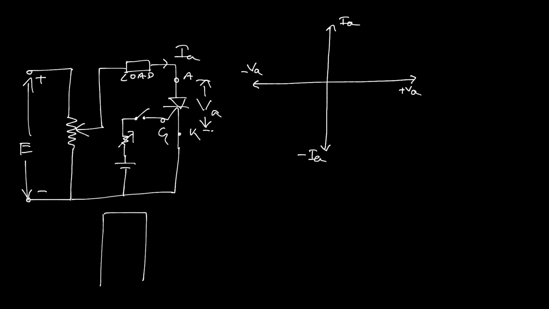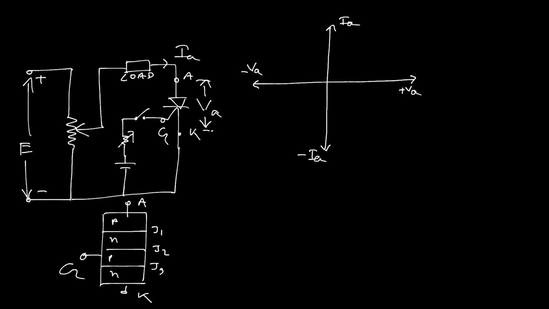Suppose this is the internal structure of the thyristor. This is the anode, this is the cathode, and that is the gate, as we discussed before. There are junctions J1, J2 and J3, that is, four layers P-N-P-N.